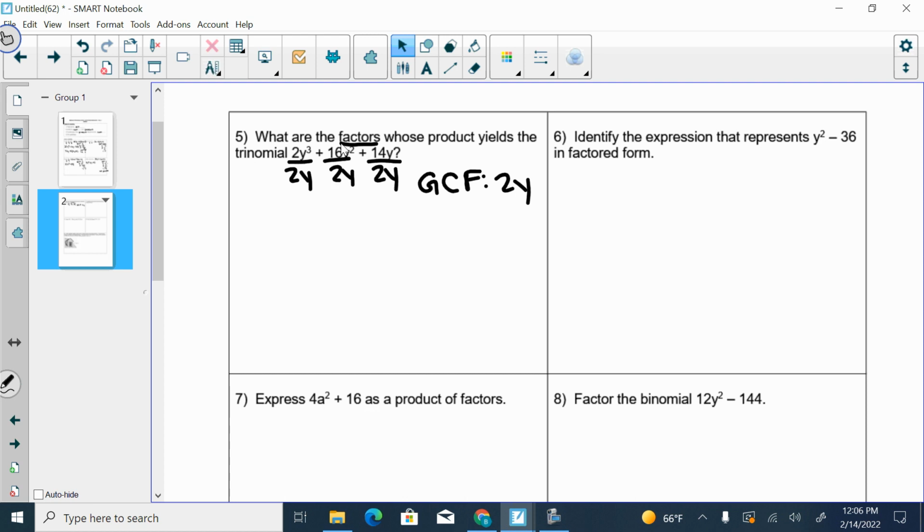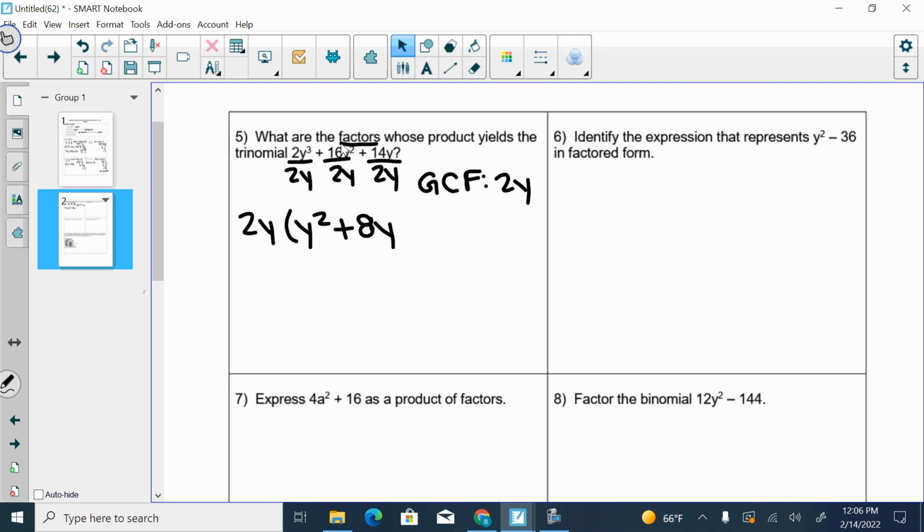So what is y cubed divided by 2y, I mean 2y cubed divided by 2y? Very good, so it becomes y squared. What is 16y squared divided by 2y? 8y, good.